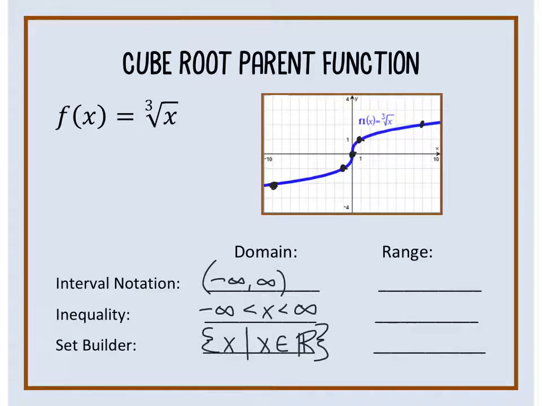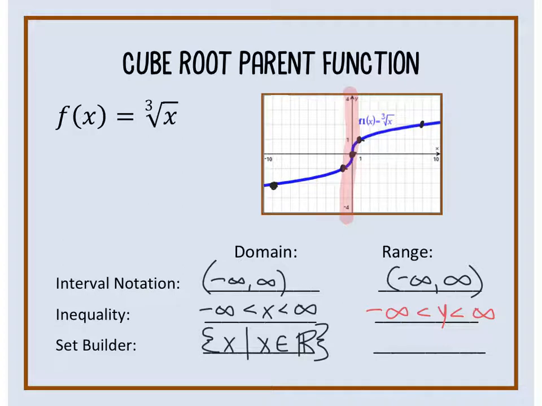My range: how low is this graph going to go? The graph is going to go from -infinity to infinity. Remember, for range, we're looking at the y-axis. In inequality notation, it's going to look just like domain, but don't forget that range is your y value.